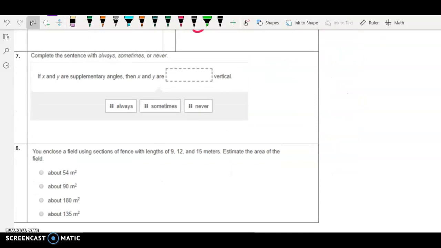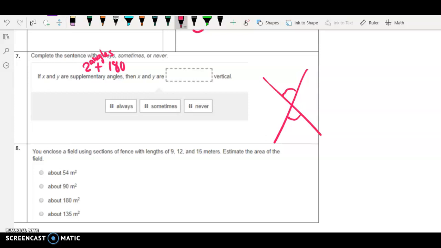All right, complete the sentence with always, sometimes, or never. If x and y are supplementary angles, then x and y are blank vertical. Okay, so supplementary means two angles that add up to 180 degrees. So here, these are vertical angles. They're across from each other.